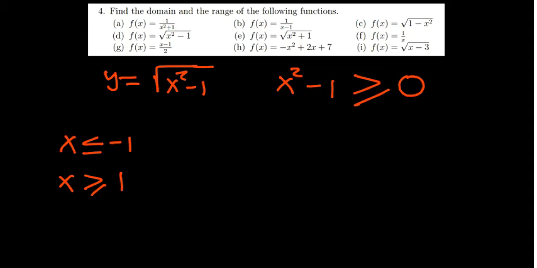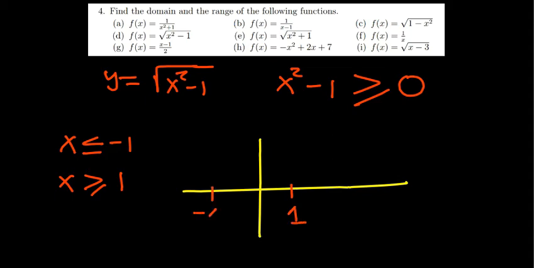And of course, for radical functions, the minimum value you can ever have is always a 0. So you have x squared minus 1. What value can give us a 0 there? 1 itself. So at the point 1 and the point negative 1, the function is at 0.